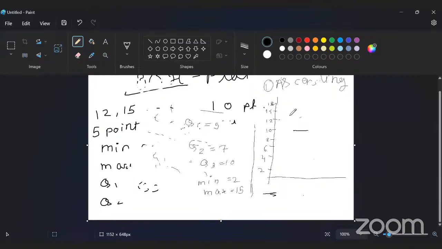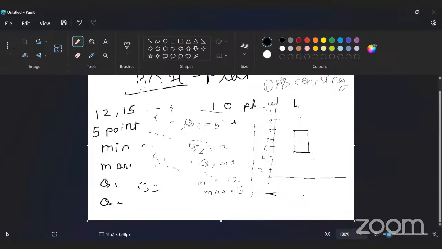Then Q1 value is 5, so I will have one horizontal line at Q1 and we will draw a box from Q3 to Q1. Then there is some minimum value and some maximum value.